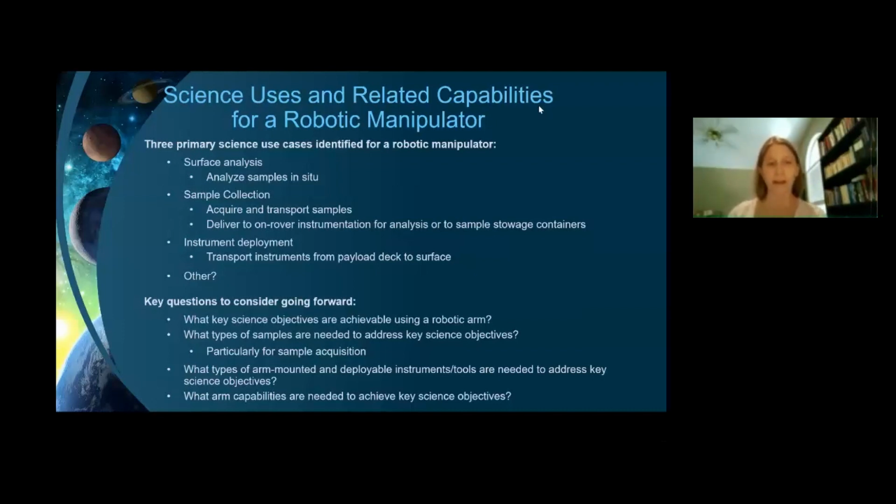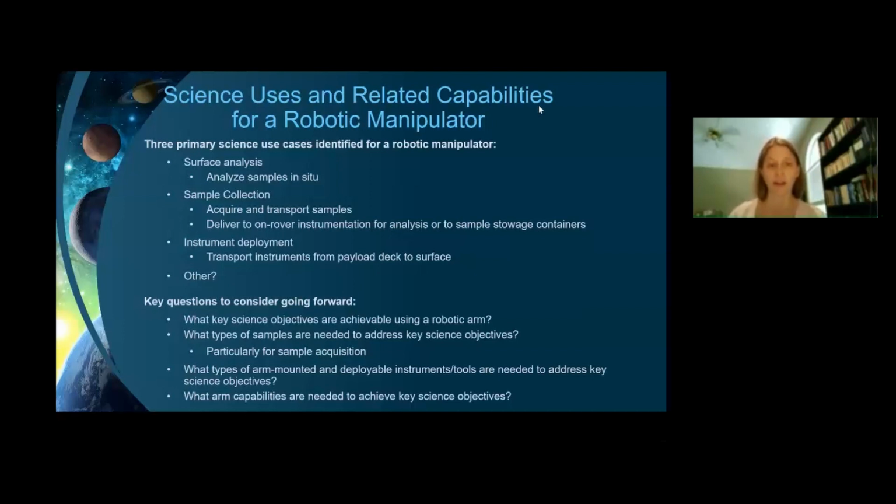Going into this workshop, I had identified 3 primary science use cases for a robotic manipulator, robotic arm. Those are surface analysis, using the arm to put instruments onto a specific sample or target on the surface and analyze those samples in situ without acquiring them.